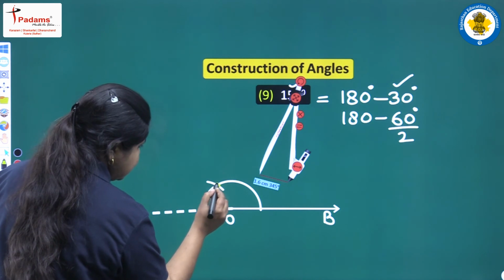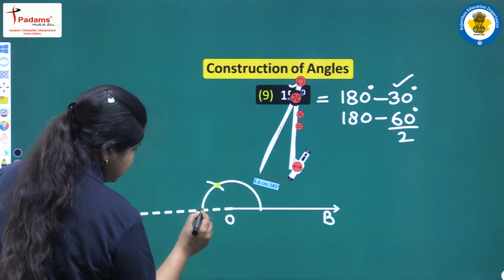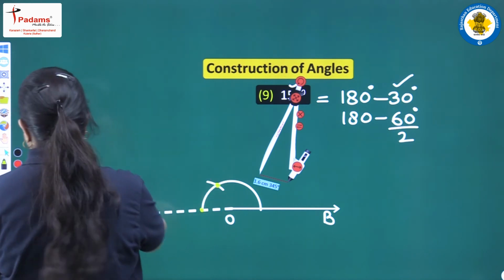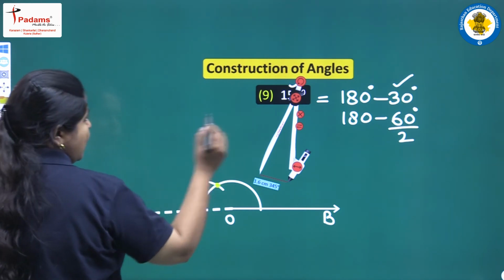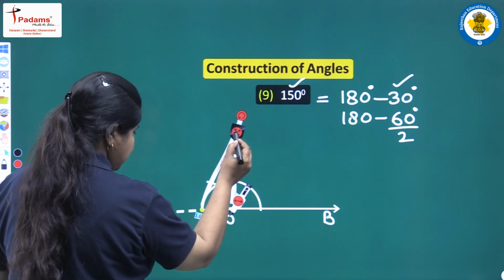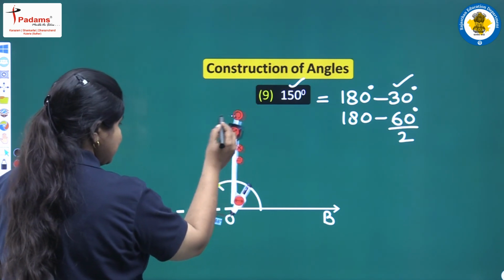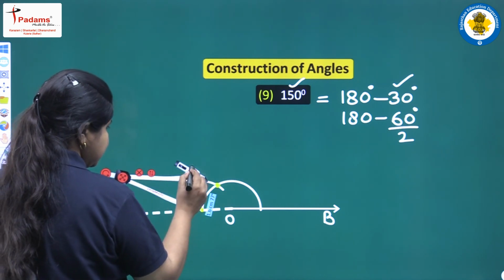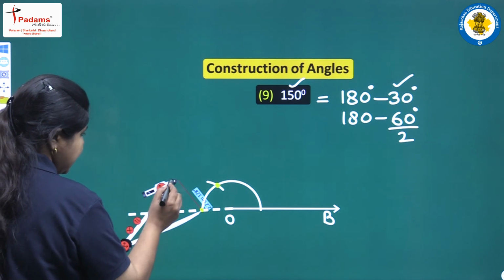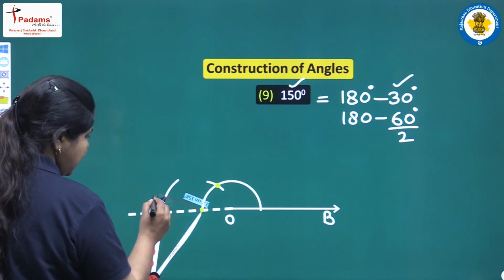So for bisection again we will have to keep the pointed ends at this point, at this point, and then at this point. These two yellow points. Here we will be keeping the pointed ends of the compass. First we keep at this point, and remember for bisection you can choose any radius. Let me just elongate it and take a larger radius, and now we will draw an arc.